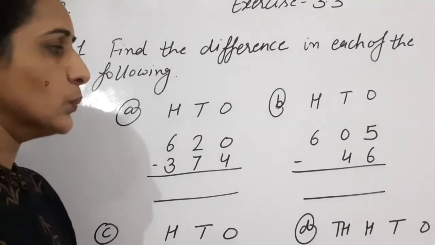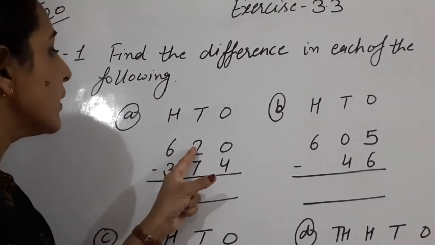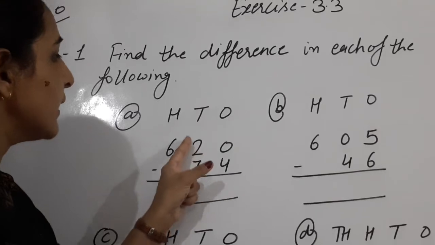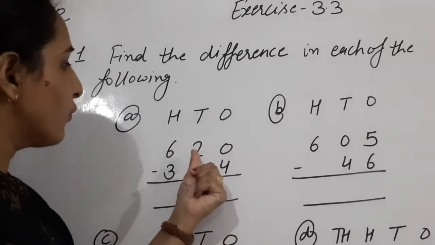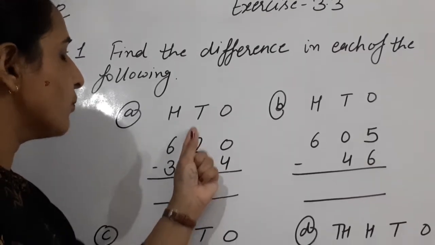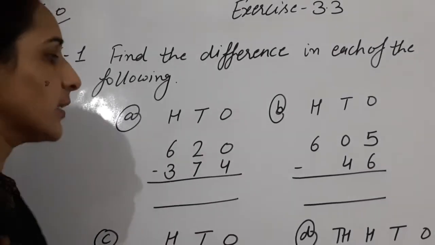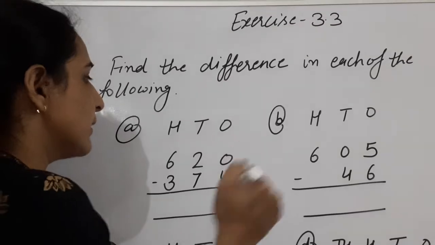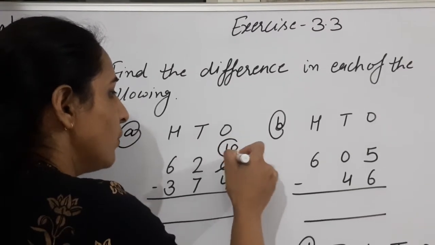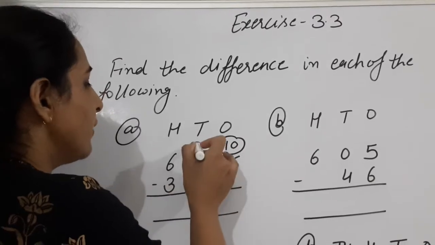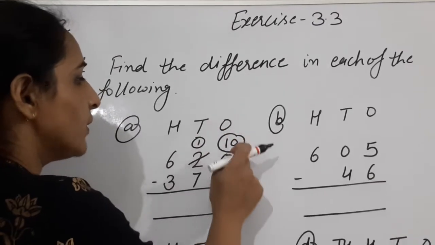So what do we do? We take from the tens, 10 tens here. Clear? From there we take the tens. So now here is 10 ones, and we can say that we take a carry from there.